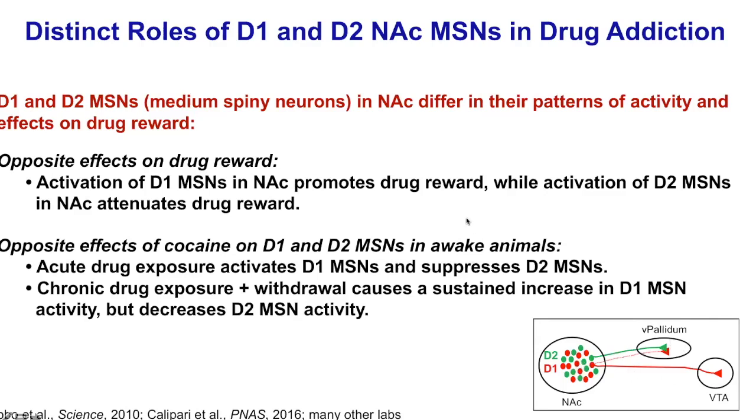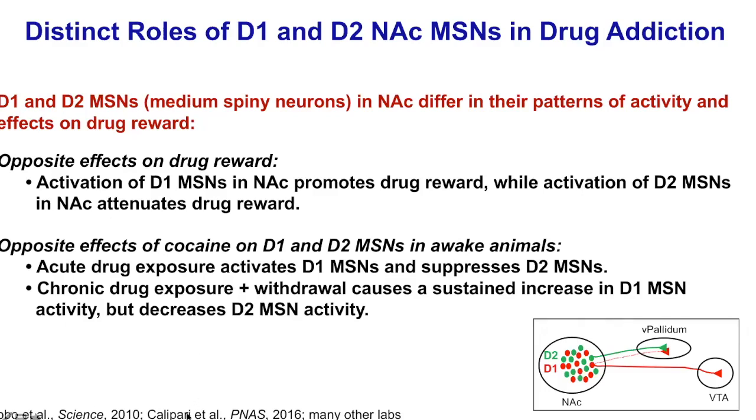And our lab and many other groups have contributed to an appreciation that these two nerve cells play different, in some cases opposite, roles in cocaine and other addictions. So in an earlier study, Mary Kay Lobo in my lab showed that activation of D1 medium spiny neurons promotes drug reward. Activation of D2 cells has the opposite effect.